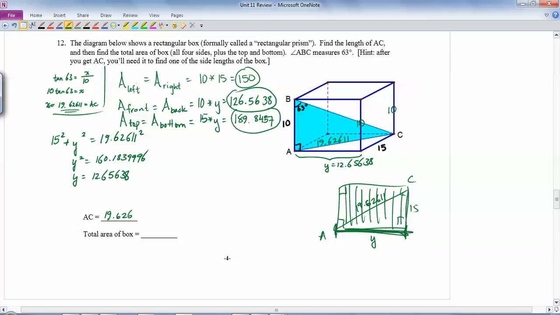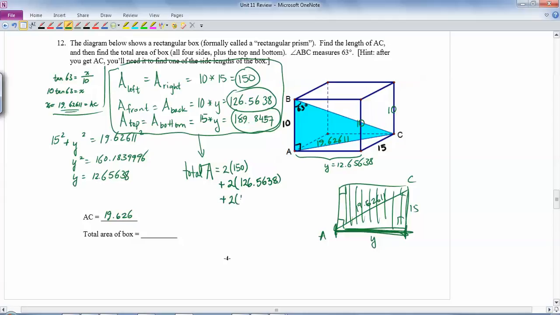And so the total area here, if I take these guys, is going to be 2 of the 150s, because there's one left side and one right side, plus 2 of the front, or one front, one back, but it's 2 126s, and then plus the top and the bottom, which is 2 times 189.8457.